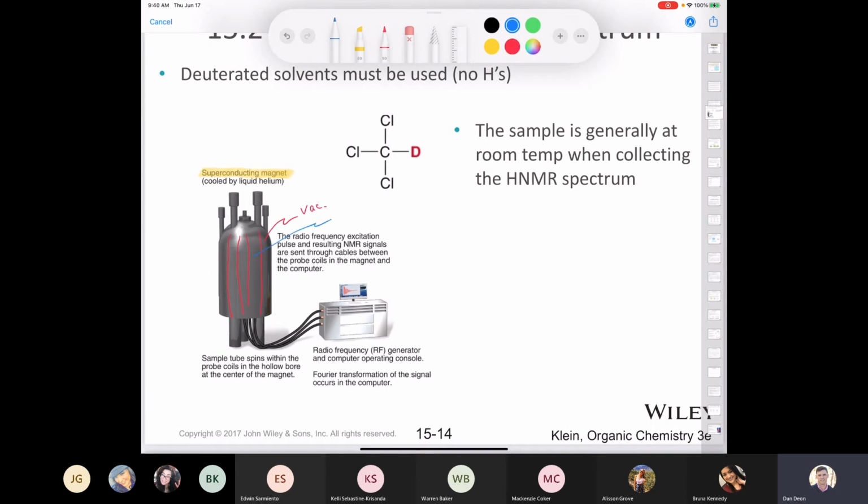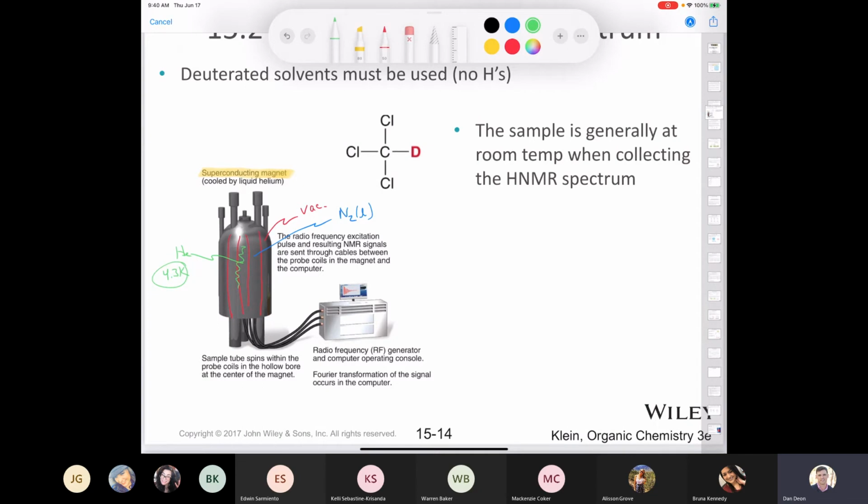Then you have the inner one, which is liquid helium, which is around 77 Kelvin. And then on the very inside, you've got your liquid nitrogen. Sorry, I'm confused here. You have liquid nitrogen on the outer jacket, and then you have liquid helium on the inside, because liquid helium boils at around 5 Kelvin or 4.3 Kelvin or something like that.